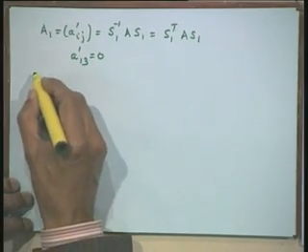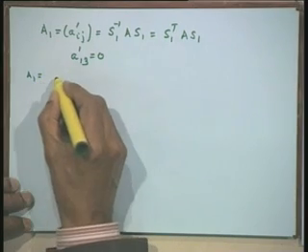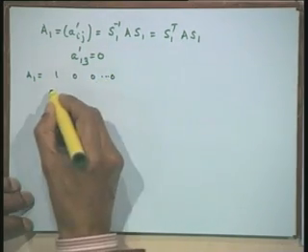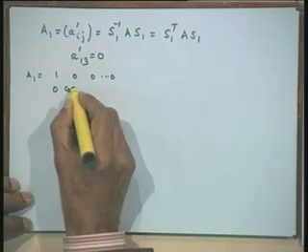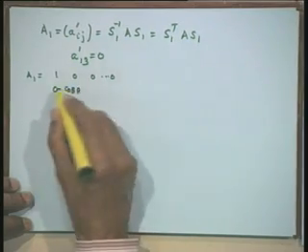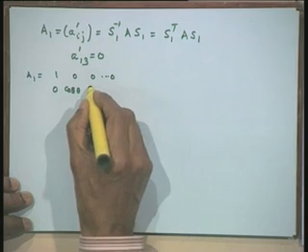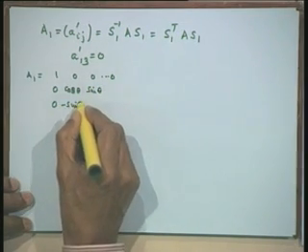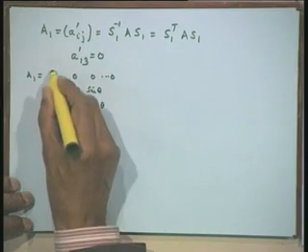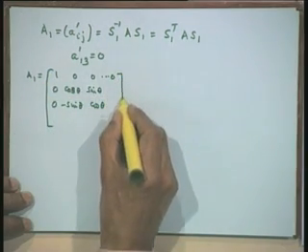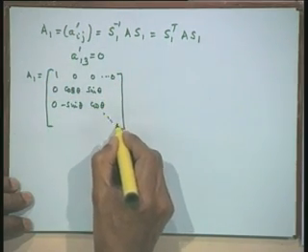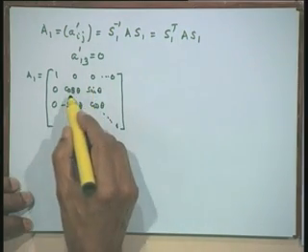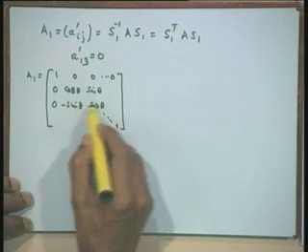Now, let us write down this matrix A1. The first row is not changed, so it retains as it is, as 0 cos theta, and this is the transpose of it. Therefore, I will have a sin theta over here, 0 minus sin theta cos theta. So, I inserted the matrix in the 2 3 submatrix position: 2 2, 2 3, 3 2, 3 3.